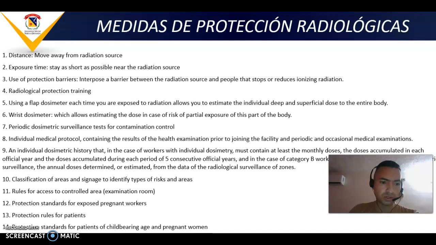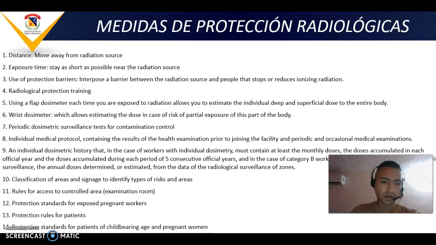An individual dosimetry history, which in the case of workers with individual dosimetry must contain at least the monthly dose, the dose accumulated in each official year, and the dose accumulated during each period of 5 consecutive official years, and in the case of category B workers who do not have individual dosimetry, the annual dose determined or estimated for the date of the radiological survey.